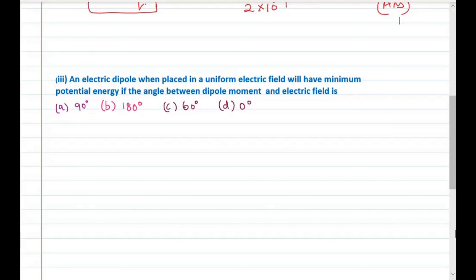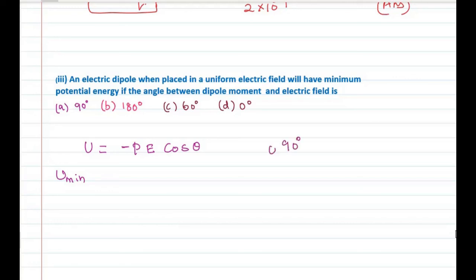Okay, next: an electric dipole when placed in a uniform electric field will have minimum potential energy if the angle between the dipole moment and the electric field is. We know the formula U = minus P E cos theta. When theta is equal to 90 degrees, U becomes 0, since cos 90 is 0.